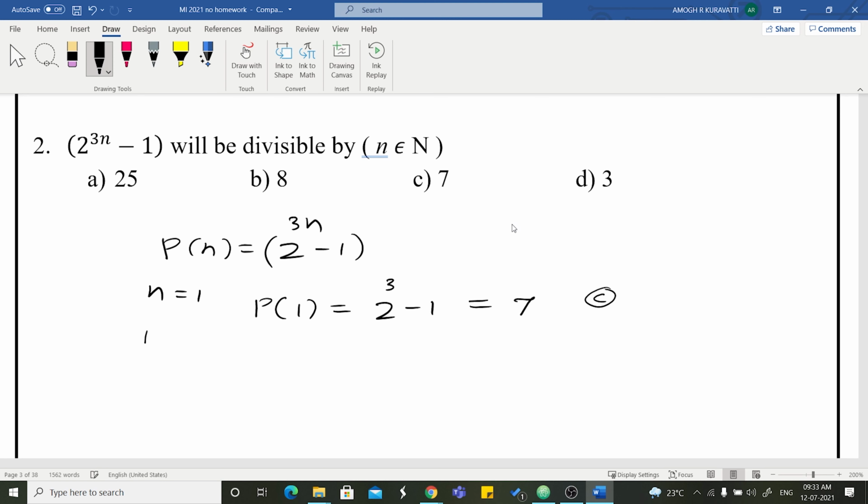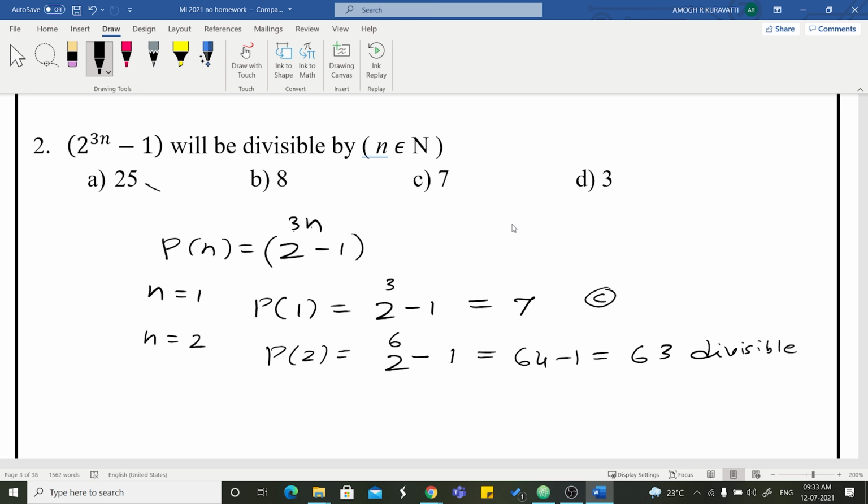If you take another number, take n is equal to 2. Check it. P of 2 is equal to 2 power 3 into n value 2, 3 2s are 6, correct? Minus 1. 2 power 6 is 64, minus 1, that is 63. Now 63 is divisible by which number? Whether 63 is divisible by 25?